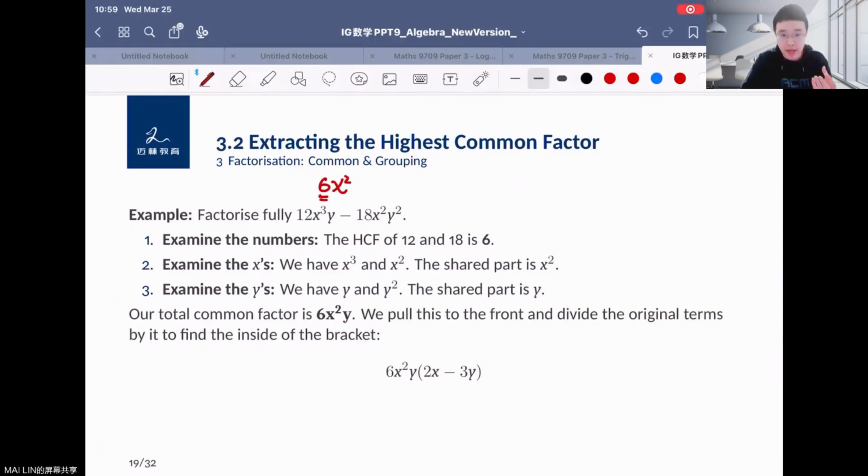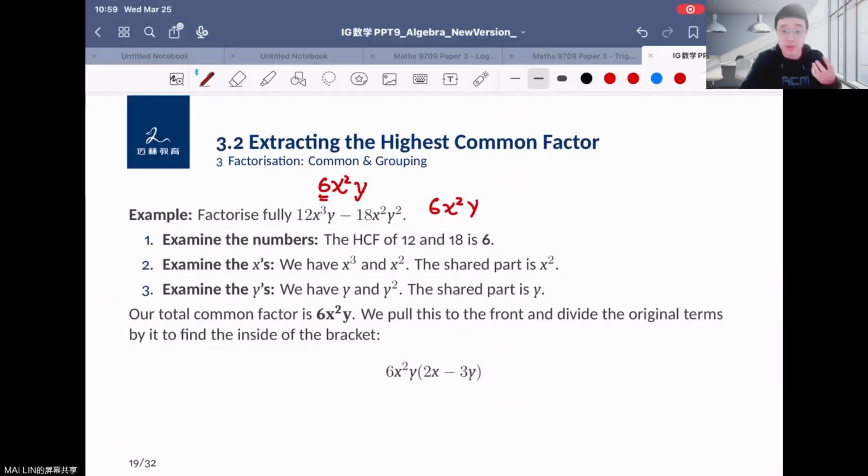And for y, y and y squared both have a factor y. So here we can set 6x squared y as a common factor between 12x cubed y minus 18x squared y squared.